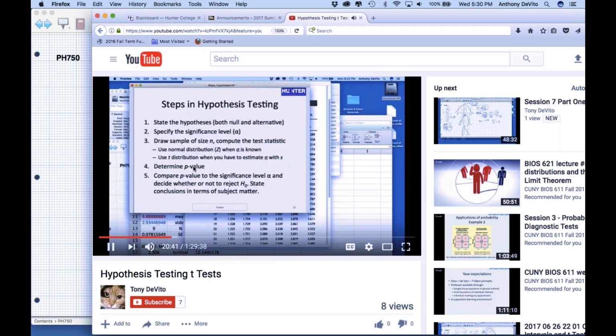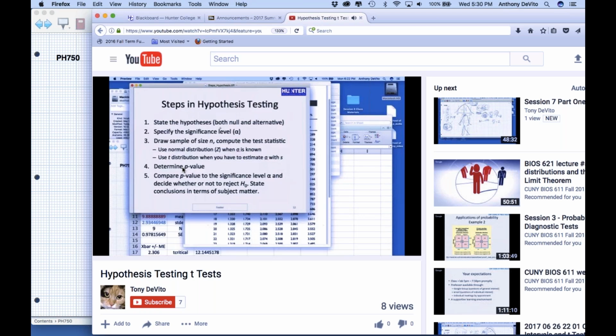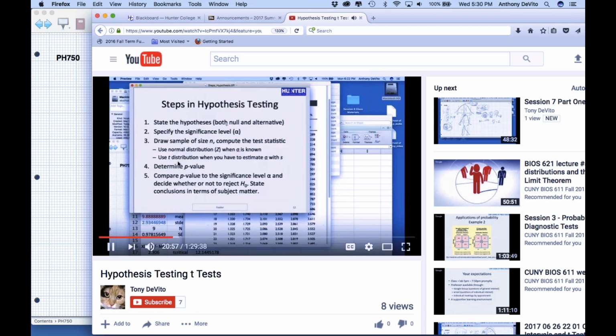The p-value is a number which describes, for that particular t-score and that particular sample size, the probability that we would be wrong in rejecting the null hypothesis. In other words, the probability that we get that big a difference in the two means if the two means in fact were the same.